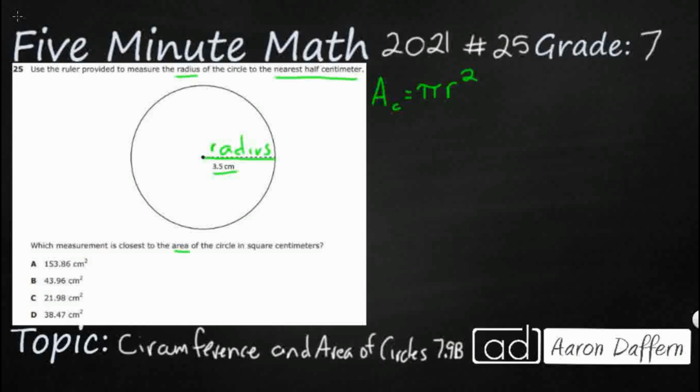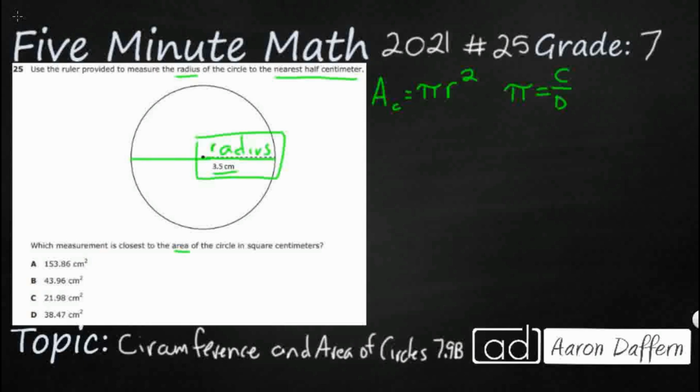Now thankfully we've measured the radius, and that's right there. Let's talk about pi. Pi is actually a ratio, so for any circle, it equals the circumference divided by the diameter.